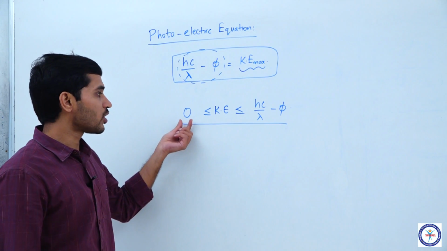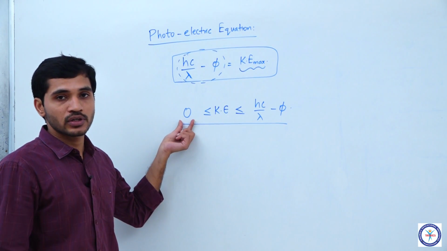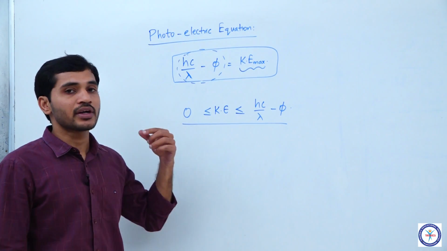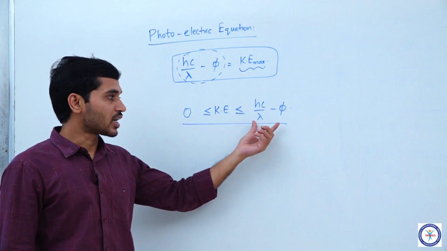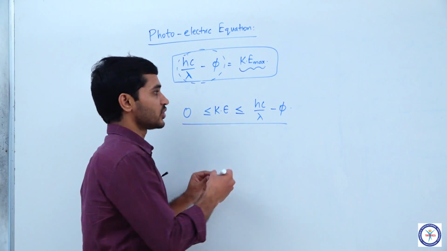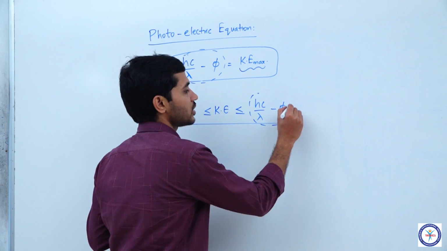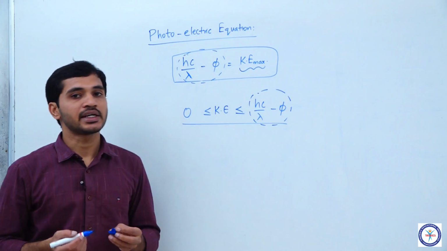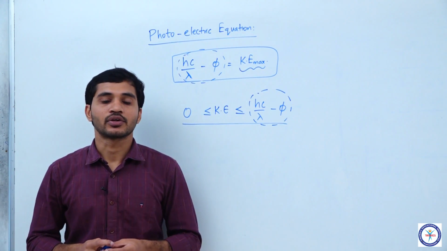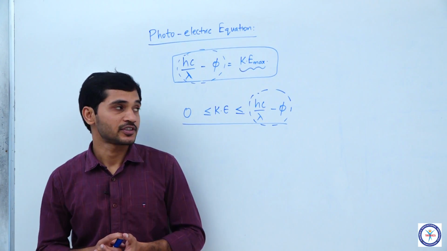When it loses all of that energy, it does not come out at all, its kinetic energy is 0. When it loses none of the energy, it comes out with the maximum energy, which is this. So, this is the expression for maximum kinetic energy with which an electron comes out of a metal surface.